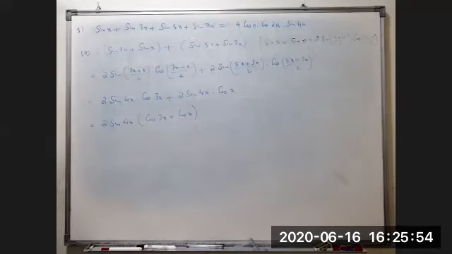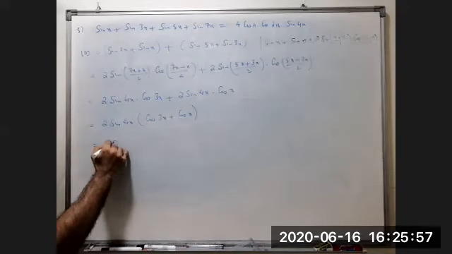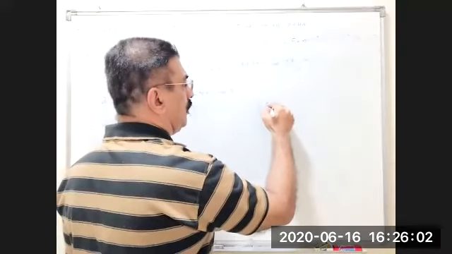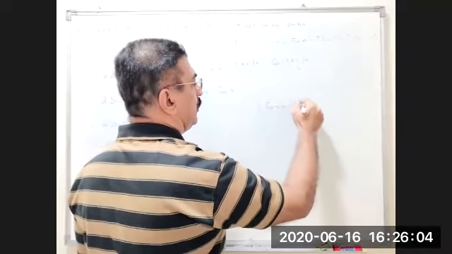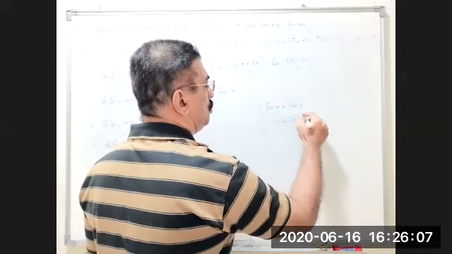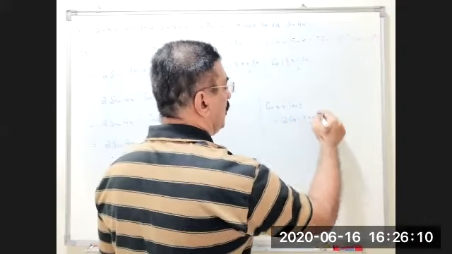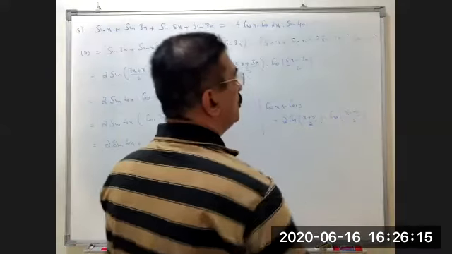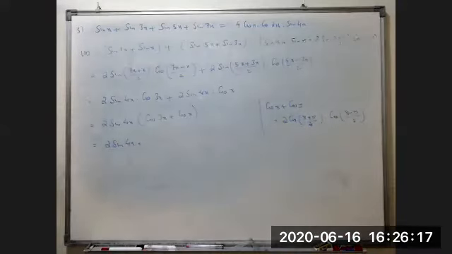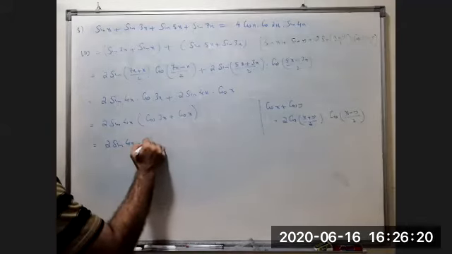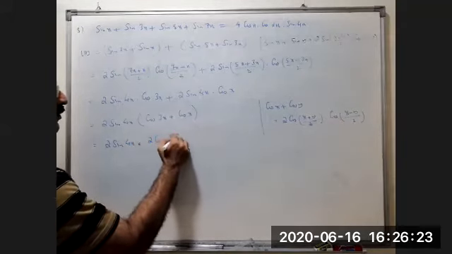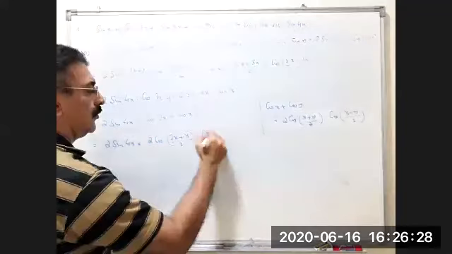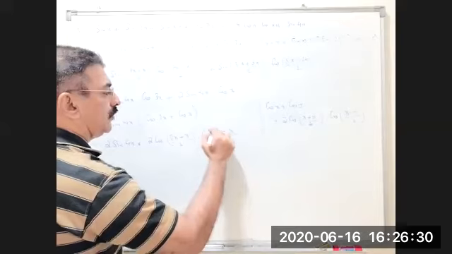Again use the cos x plus cos y formula. 2 sin 4x into, what is cos x plus cos y? Cos x plus cos y is 2 cos (x plus y)/2 into cos (x minus y)/2. So use that formula. It is 2 cos (3x plus x)/2 into cos (3x minus x)/2.